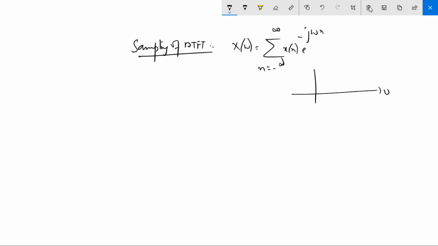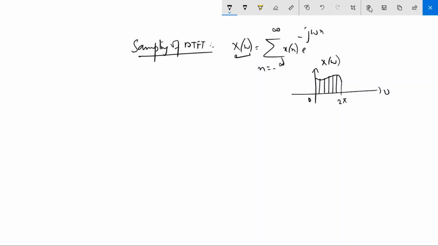And now we take only a frequency band of 2 pi, because after 2 pi it is repeating. So 0 to 2 pi. Between 0 to 2 pi, suppose we take now its samples. We take the samples of the Fourier transform in the frequency domain, and we will see how we should be able to recover x(n) back from its samples.